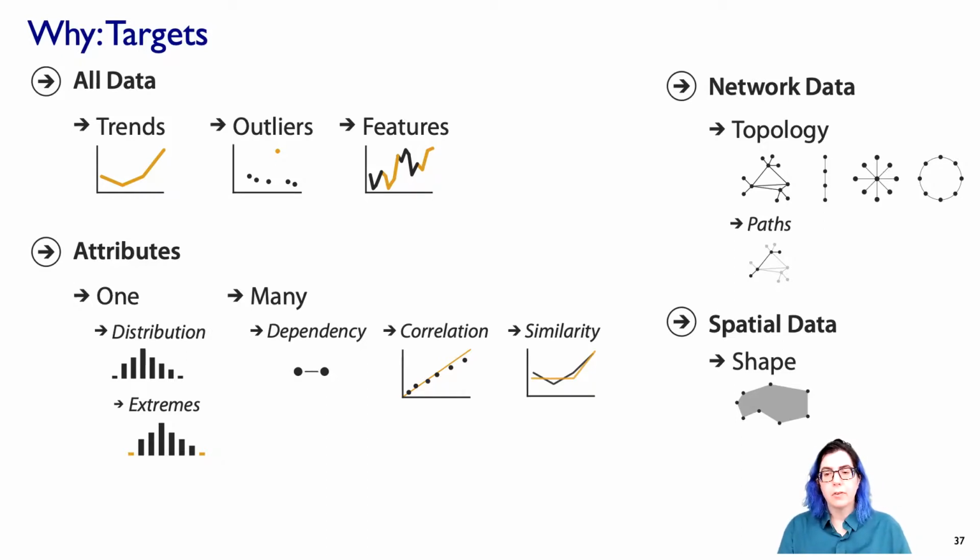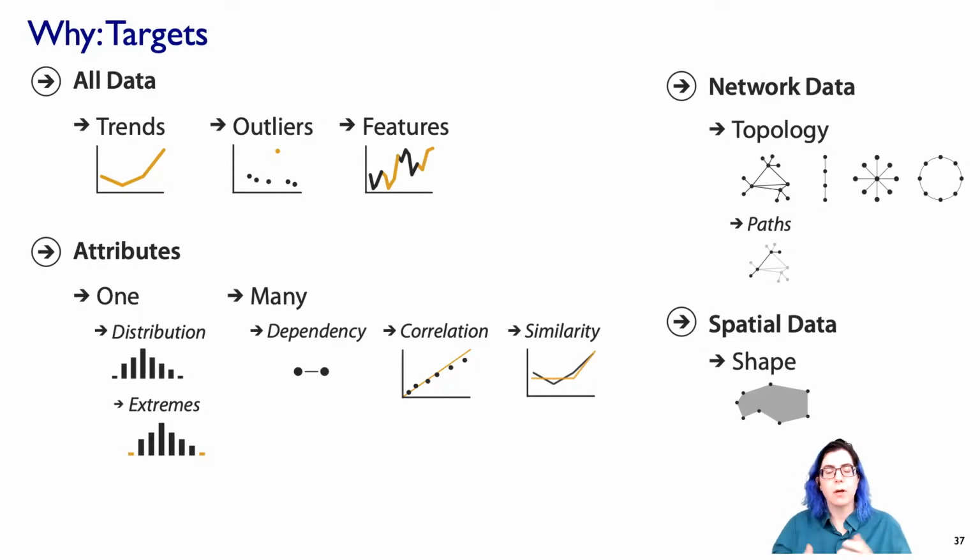Some kinds of things we do are only possible for certain kinds of data. Topological structure, how we jump from one node to the other, and how we follow a path through the network from node to link to node to link, that's a question we only ask about network data. This problem of understanding shape is something we typically only ask about spatial data. For spatial data, the shape can be a key question.